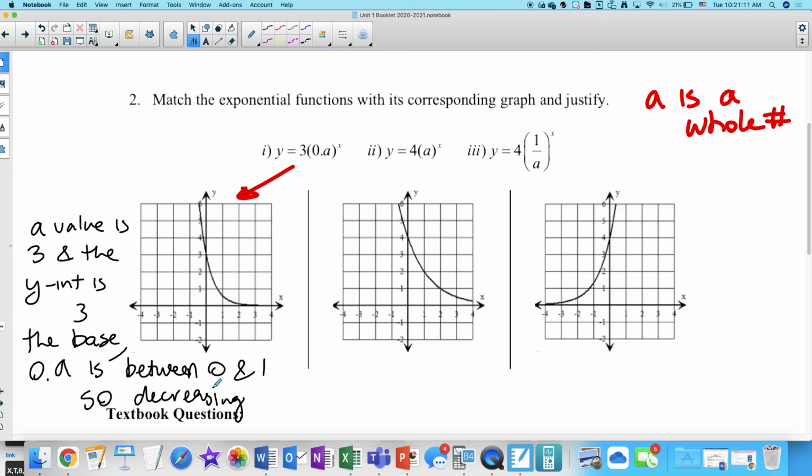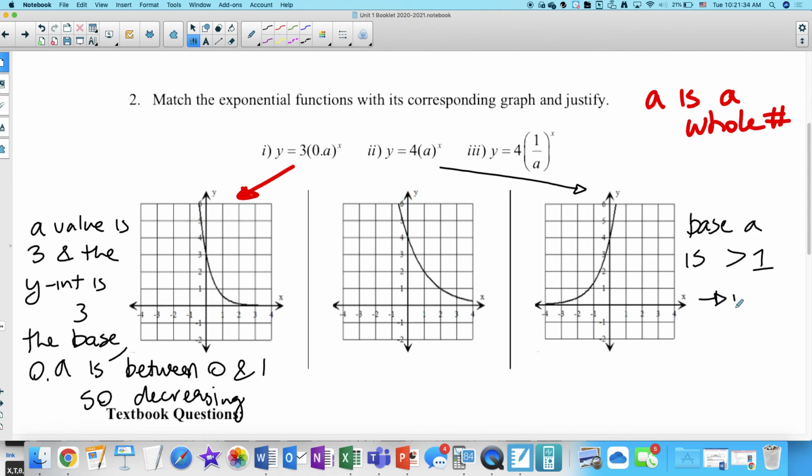Which graph is that going to be? Yeah, the third one, right? Yes. So how do you know it's the third one? Right, yeah. So the base a is greater than 1, which means the graph should increase.